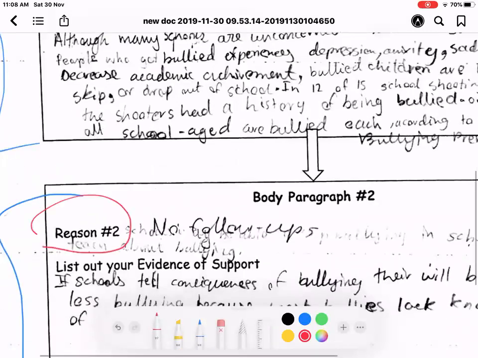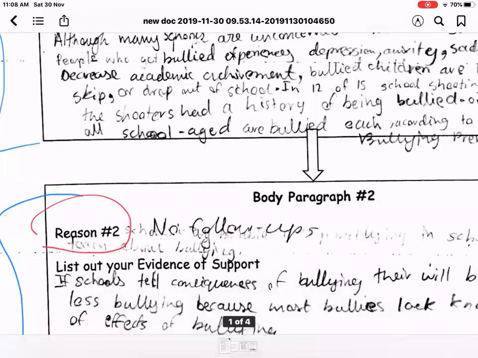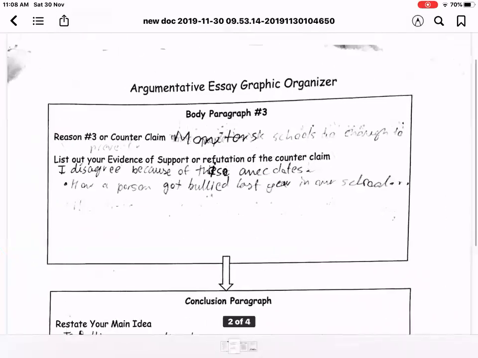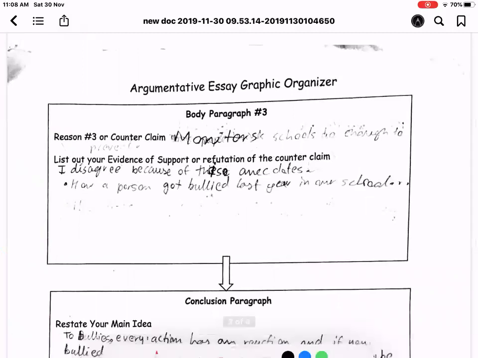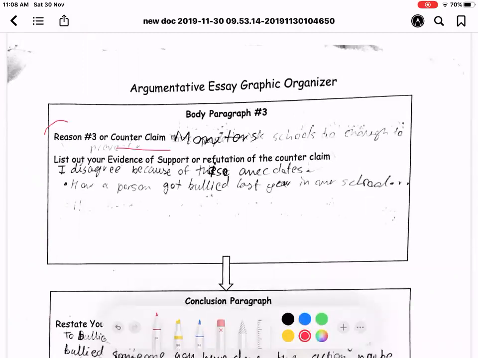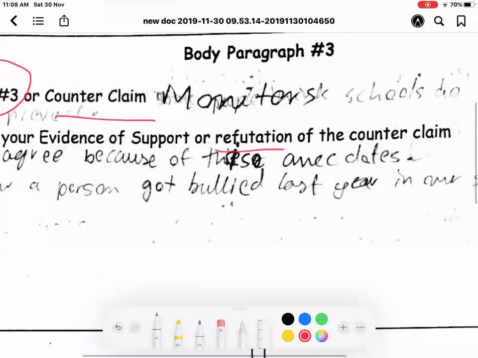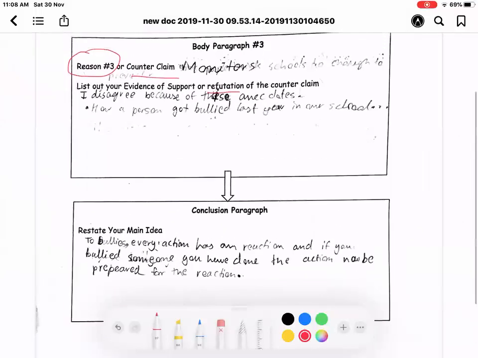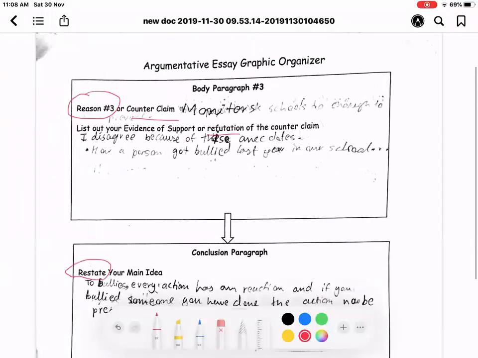Body paragraph 2 is about reason number 2. Body paragraph 3 is the counter claim, the other opinion, then the refutation. And for the conclusion, the student has to restate the main ideas.